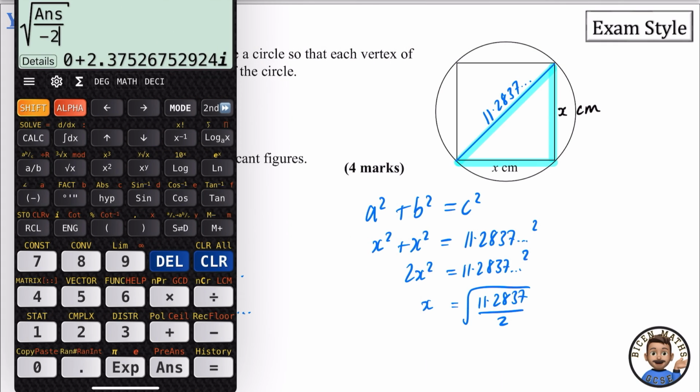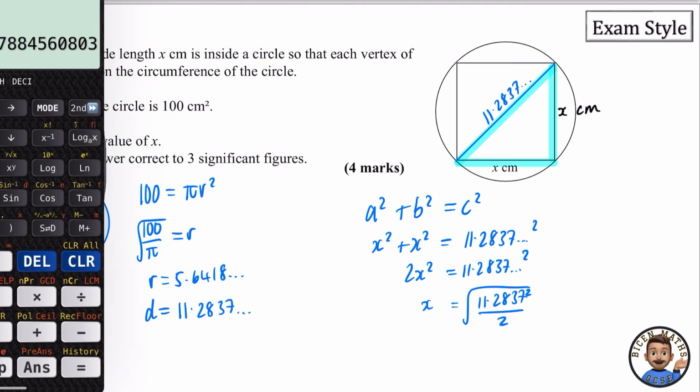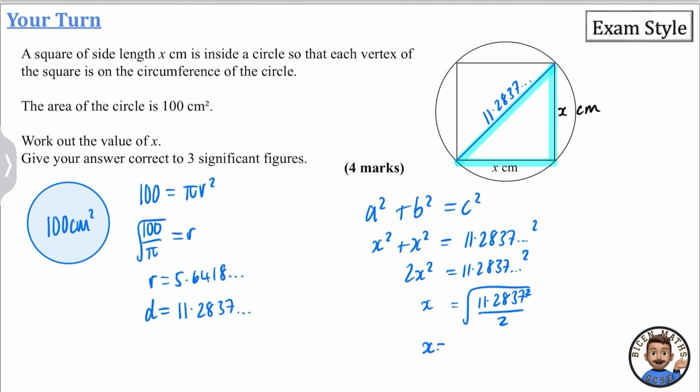So this is supposed to have a squared in there, so it's supposed to say answer squared. Let's just get that typed in properly, answer squared. And so we get the answer 7.978. So x is 7.978, and it wants it correct to 3 significant figures. So I'm going to write that as 7.98 centimetres to 3 significant figures.